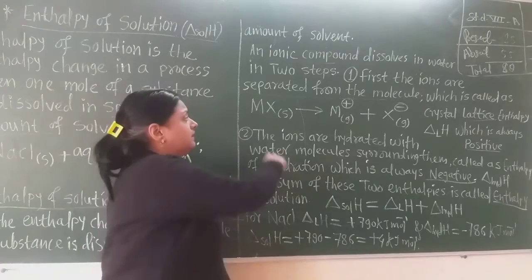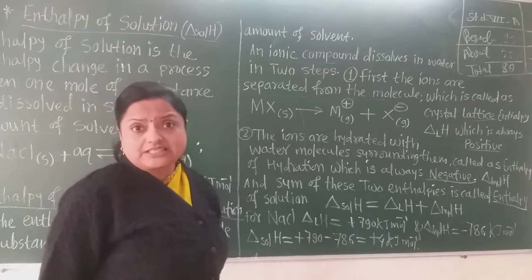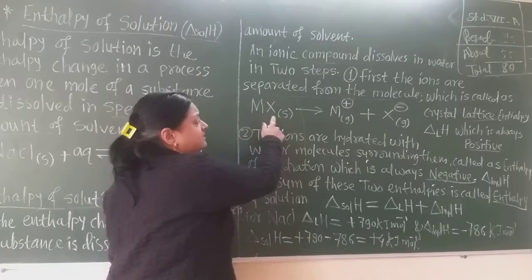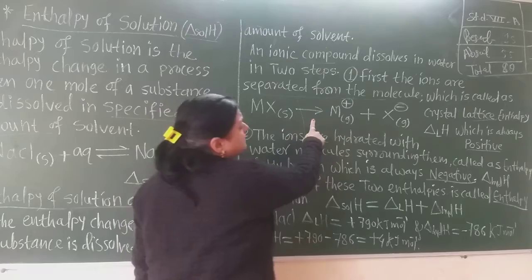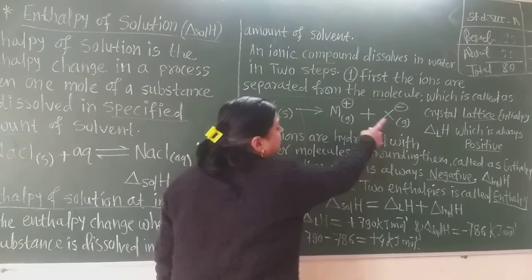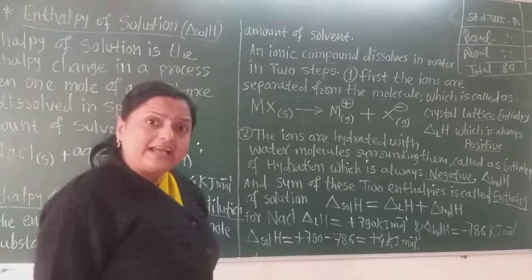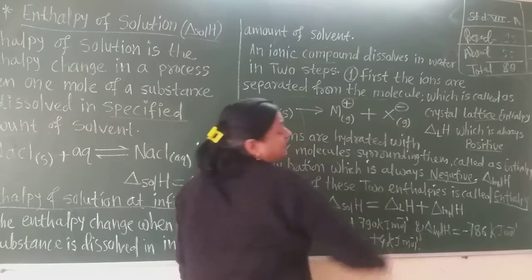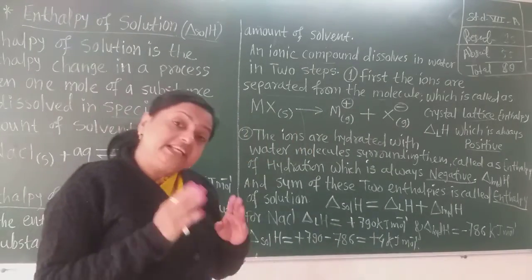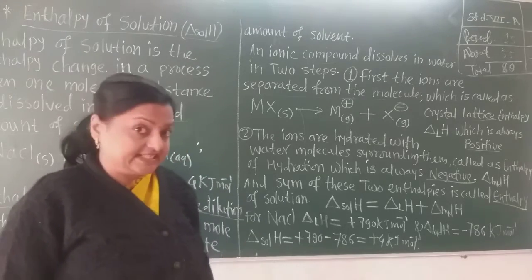For example, suppose this is the ionic substance, 1 mole MX, with a positive ion and a negative ion. When it dissolves, it first gets separated into the two different ions, positive and negative, M plus in the gaseous form and Cl minus in this way. So this enthalpy is called the crystal lattice enthalpy.